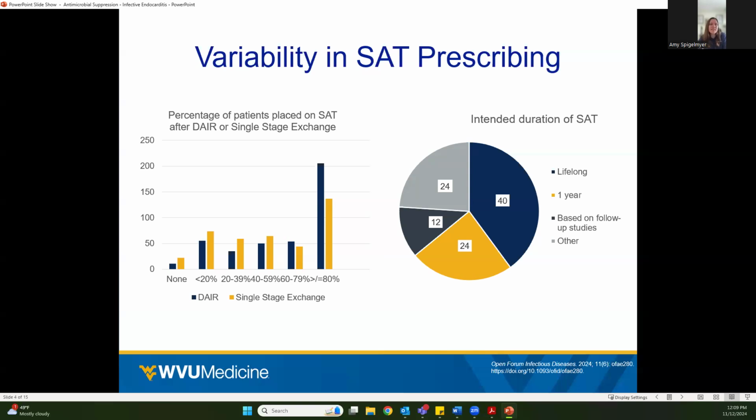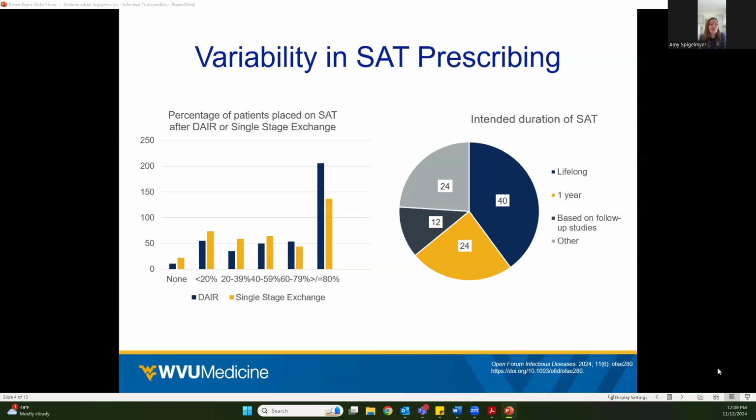On the left-hand side here, this is how the responders answered a question about the percentage of patients that they would prescribe suppressive antimicrobial therapy to who had either a DARE or a single-stage exchange. Over 200 of the providers that responded to the survey said that in more than 80% of their patients with a DARE, they would prescribe suppressive antimicrobial therapy.